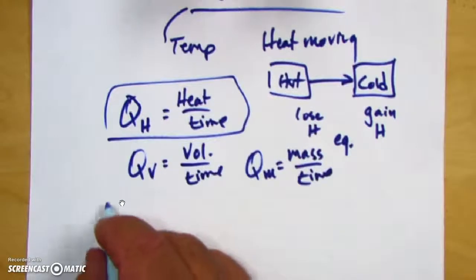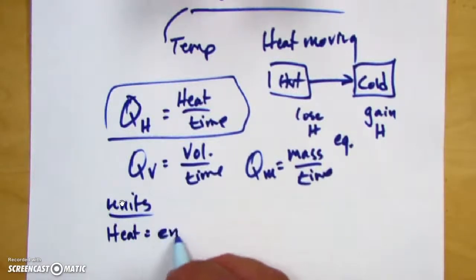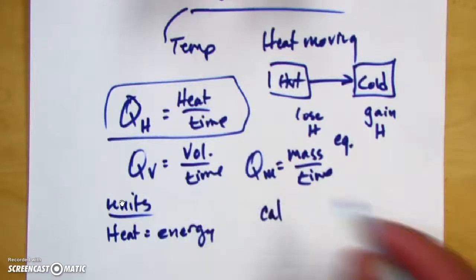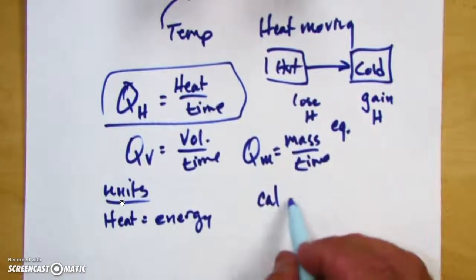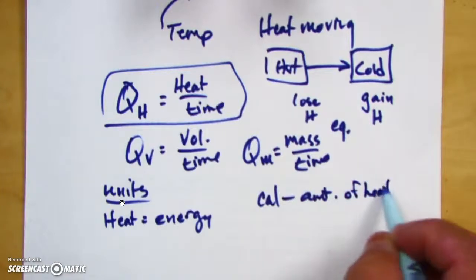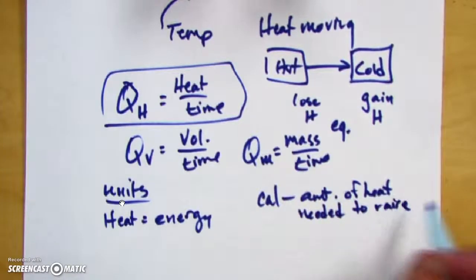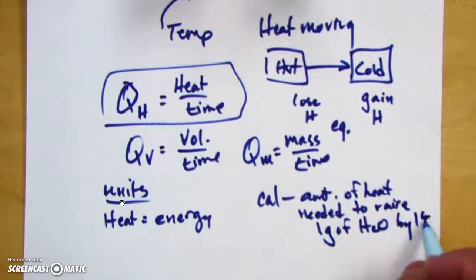Now, units for this. Well, heat is a form of energy. So to be honest with you, any energy units will work. Now, in heat, though, there's two energy units we use a lot. A calorie. Now, most of us are familiar with calories from talking about them. A calorie is the amount of heat needed to raise 1 gram of water by 1 degree Celsius.